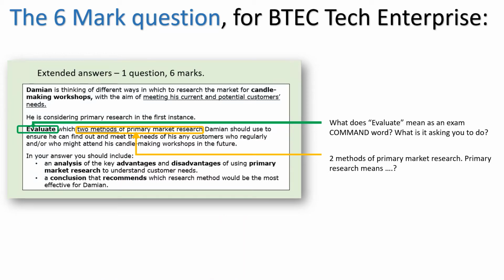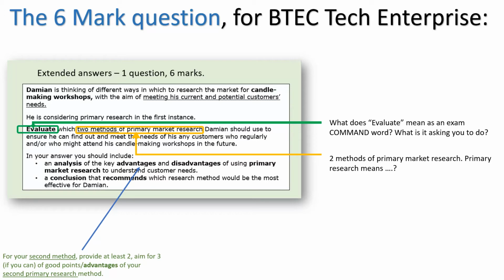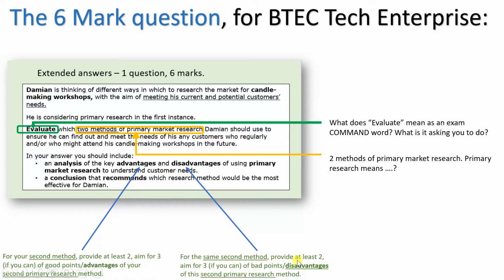We now need to do exactly the same for the second method. We go through the advantages and disadvantages of the second method that you've chosen, covering the same amount of detail as you've done in the first method, and making sure that we've evaluated, explained why it's an effective and a good method, and hopefully relevant to Damien.